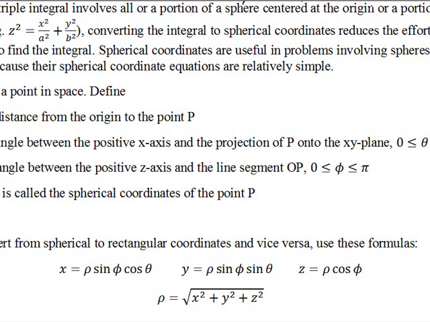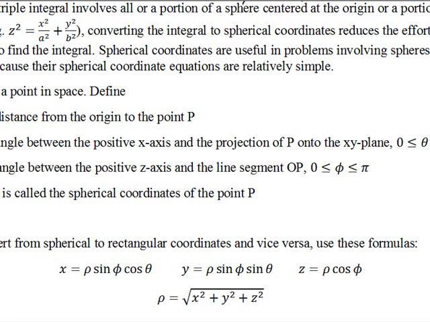And phi. Some people say phi, some say phi. Let's just say phi. This is the Greek letter. The angle phi is the angle between the positive z-axis and the line segment OP.